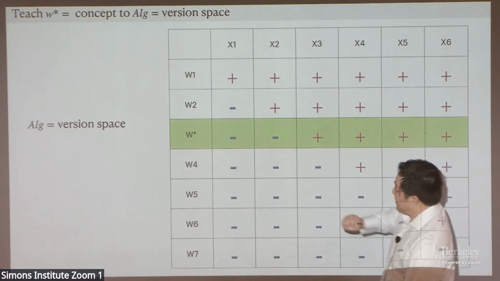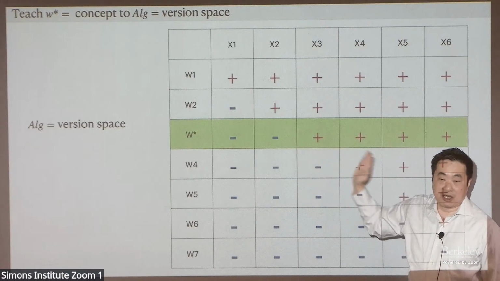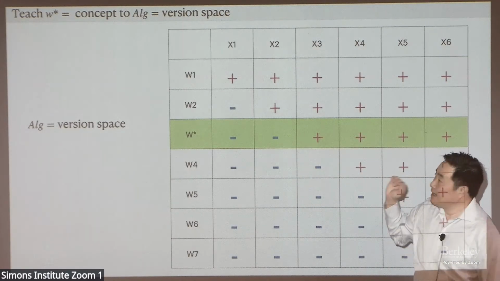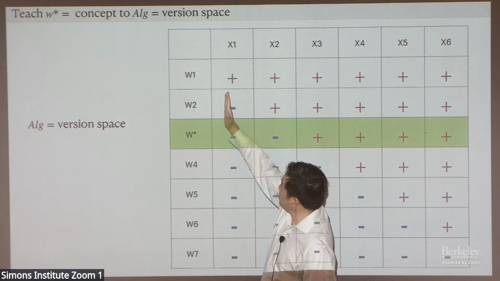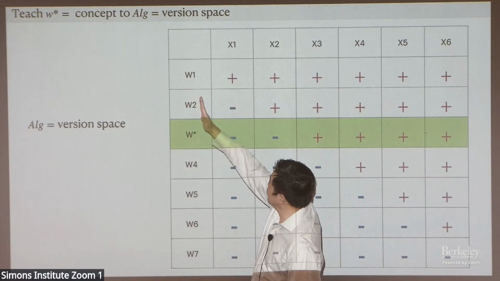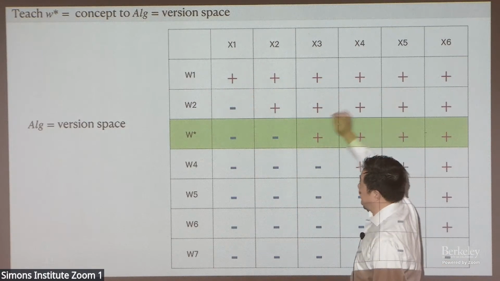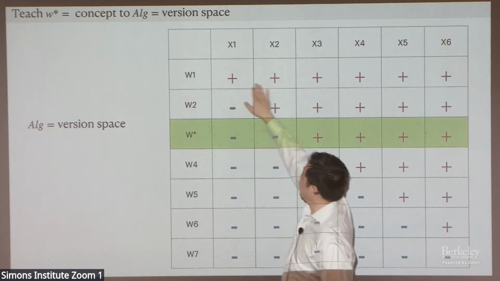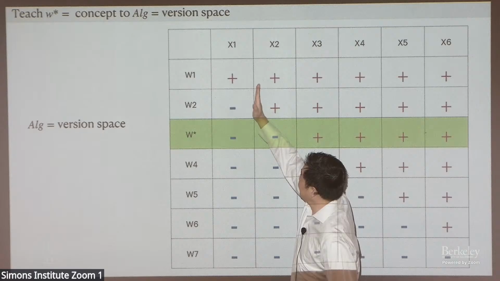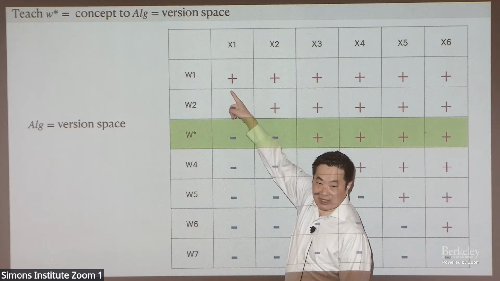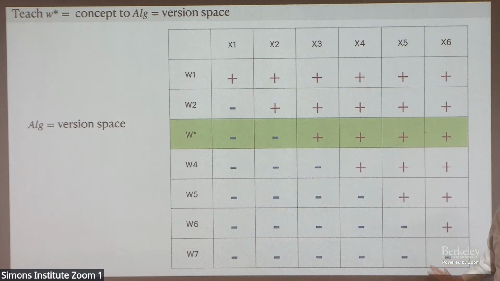And each row corresponds to a particular threshold location, such that, for example, W1 is a threshold that's all the way to the left, so that every item is going to be classified by this threshold as positive. While W2 puts the threshold here, so that it classifies X1 as negative, but everything else as positive, and so on and so forth, right?